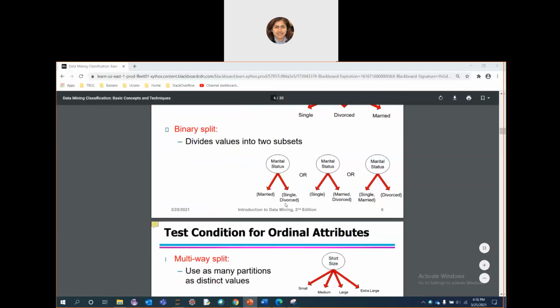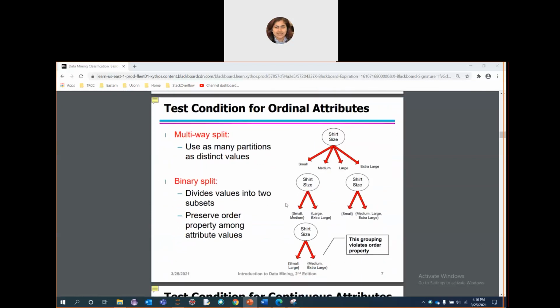If we look into another type of attribute, that is ordinal attribute. Ordinal attributes can also produce the binary and multi-way split. Some kind of order will be maintained in this kind of attribute, if you remember. So ordinal attribute values can be grouped as long as the grouping doesn't violate the order property of the attribute values.